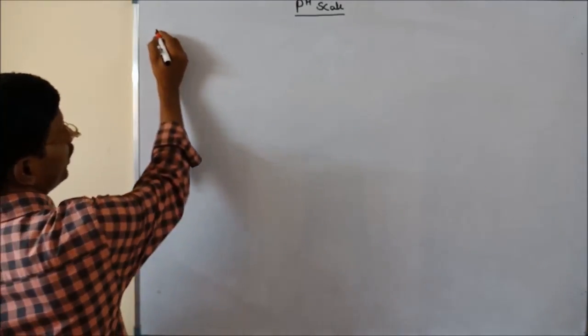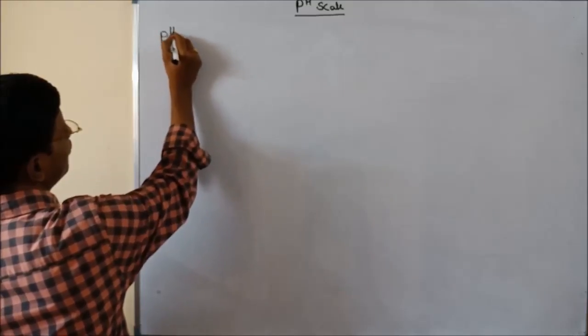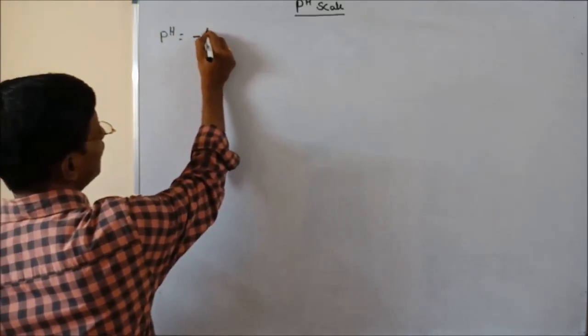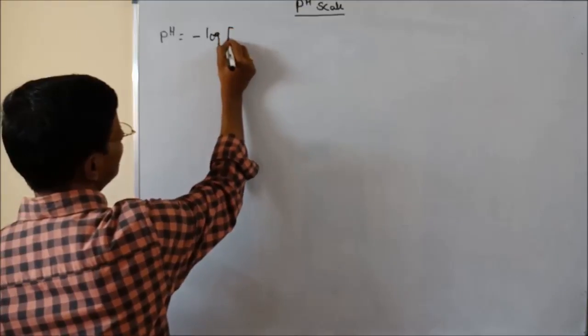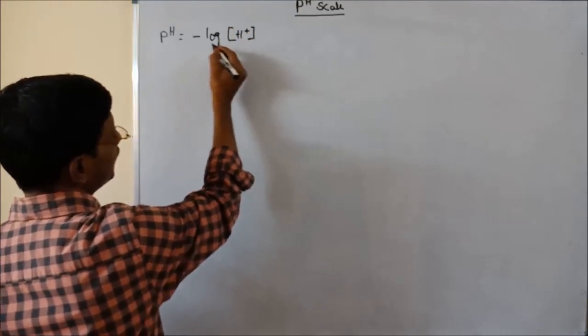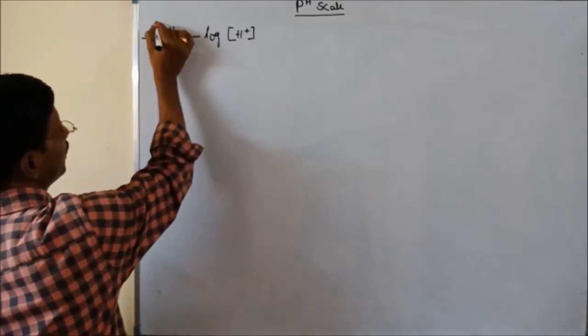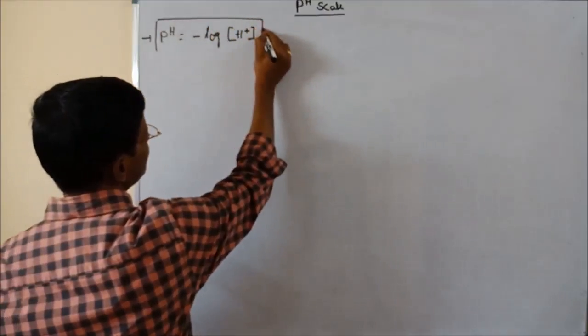So the pH of the solution is nothing but minus log H plus, means its concentration, of course base 10. So this is the fundamental formula for pH.